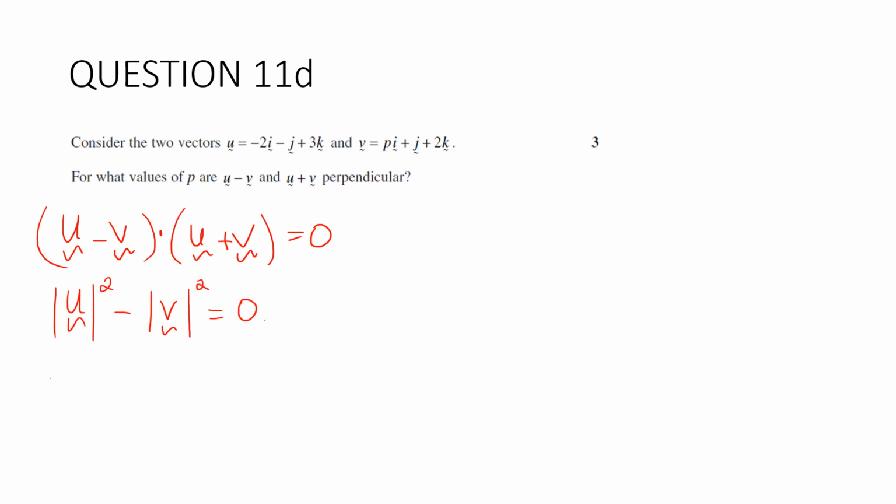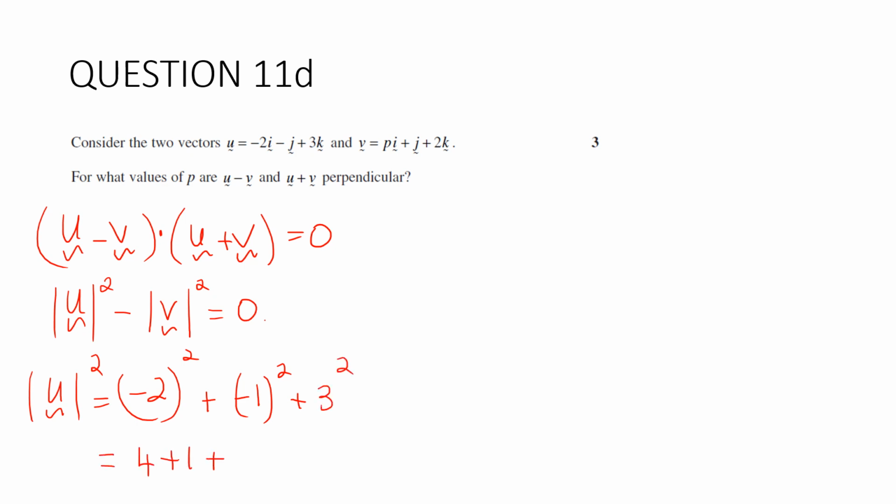Alright, so the magnitude of u squared is going to be equal to (-2) squared plus (-1) squared plus 3 squared, which is equal to 4 plus 1 plus 9, which is 14.